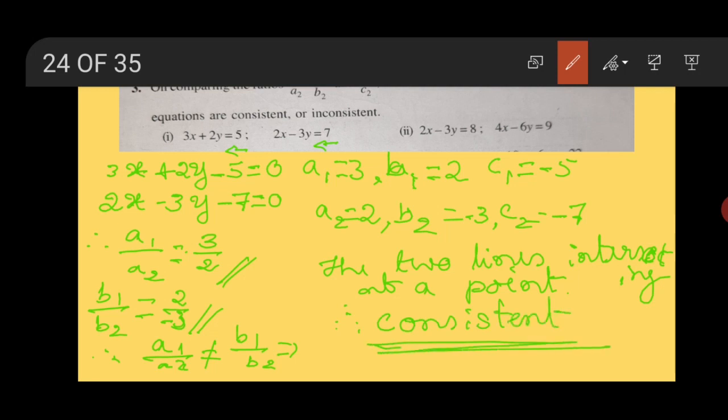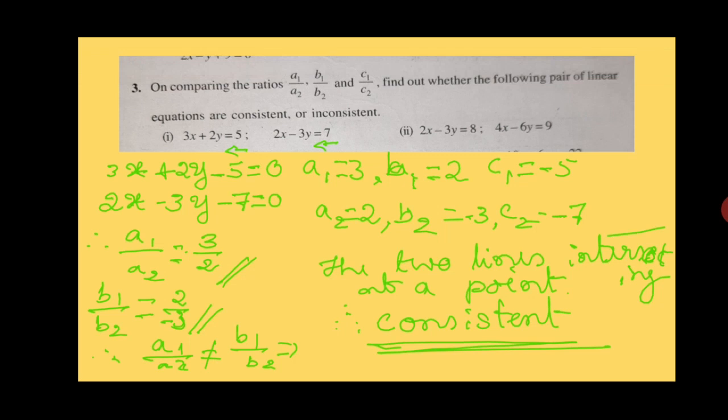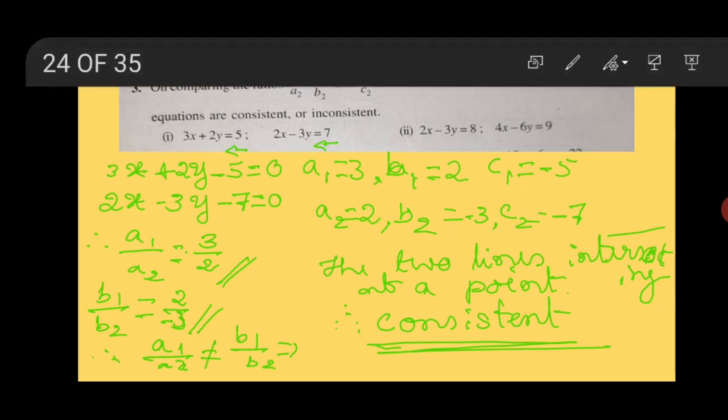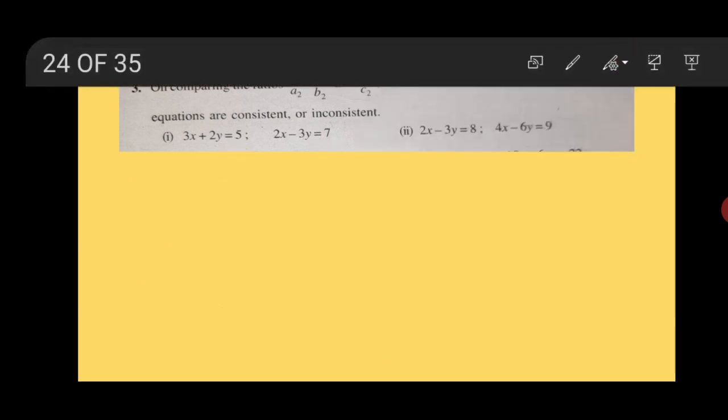These equations are consistent, right? Now let us see the second equation, 4x minus 6y is equal to 9.